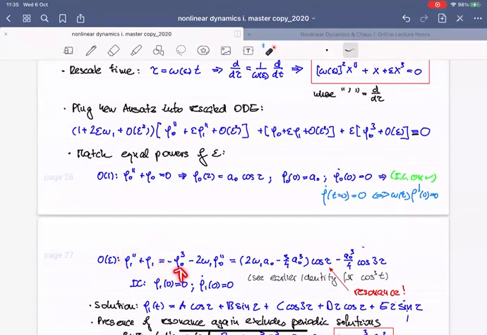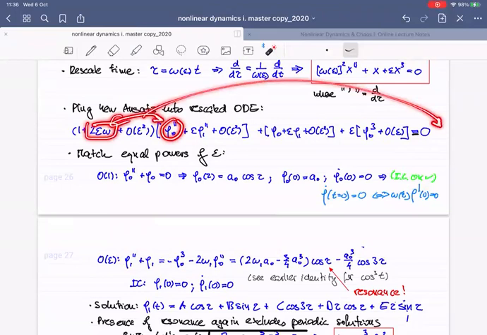But then there will be terms that I already know that depend on phi naught, and I will have two of those. As I've already said, there's one coming from here. Here, phi naught double prime, times 2 omega 1. That gives me an order epsilon term. I put it on the other side of the equation with a negative sign. And then I also have this term here, which I'm also putting on the other side with a negative sign.